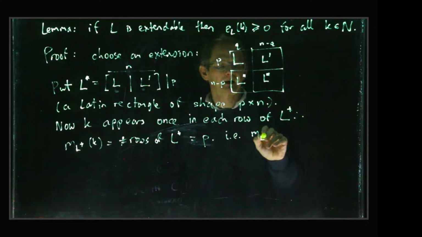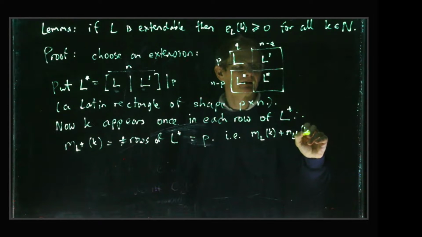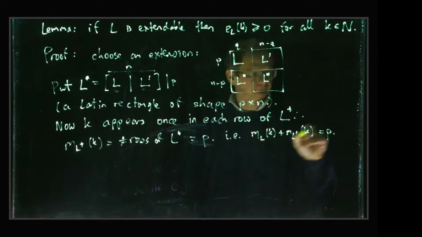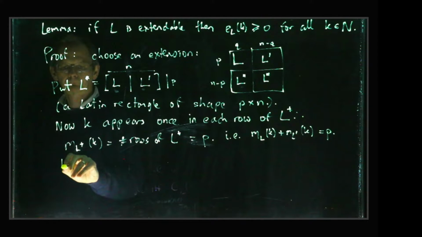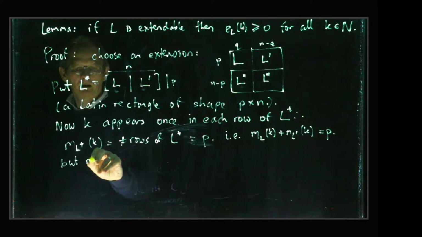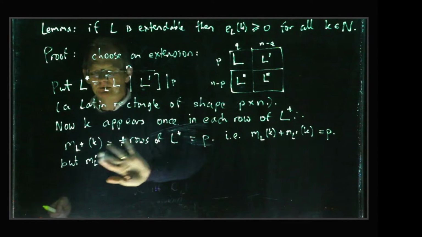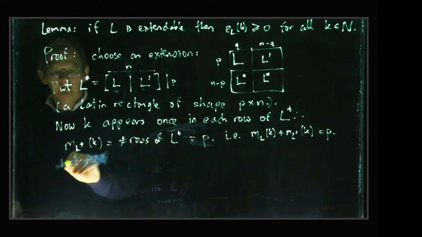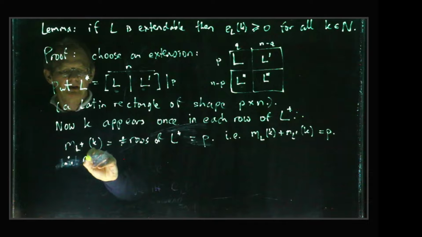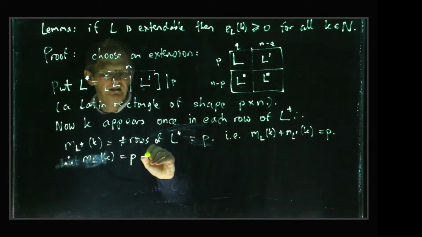So we see that M_L(K) plus M_L'(K) is equal to P. Let's just say that slightly differently: that means that M_L(K) is P minus M_L'(K).